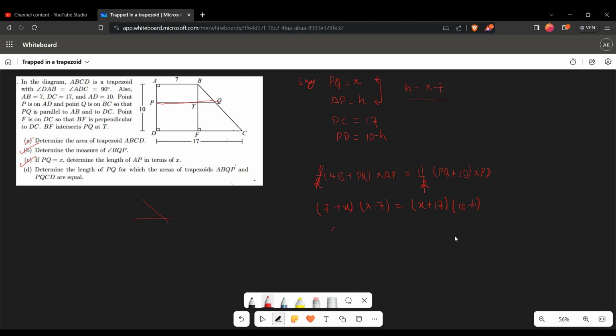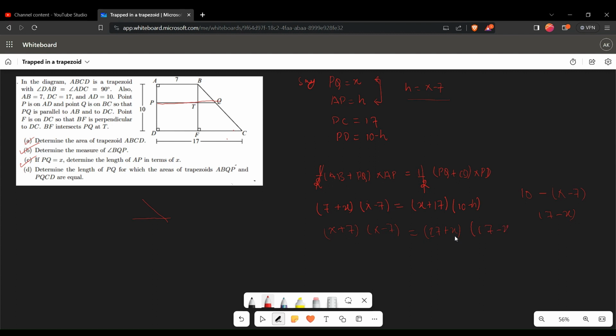So this can be written as x plus 7 into x minus 7, and this is 17 plus x. And if we put minus h over here, meaning 10 minus x minus 7, it will be 17 minus x.